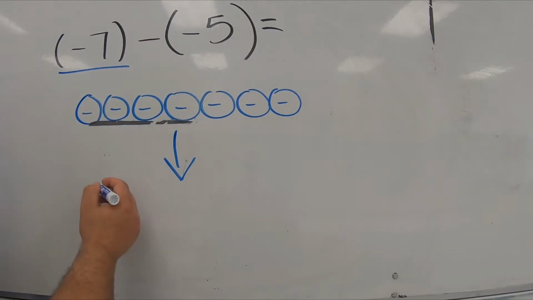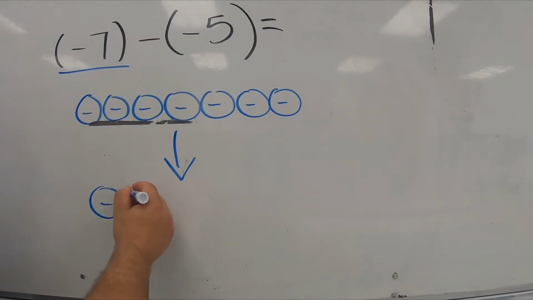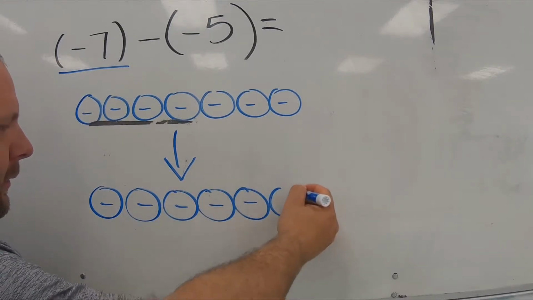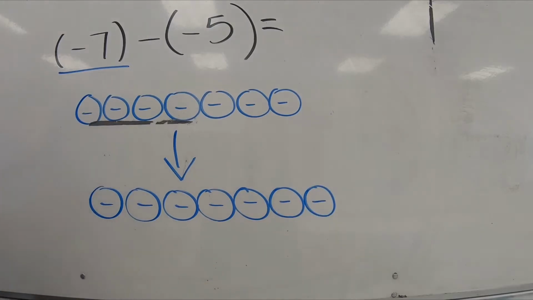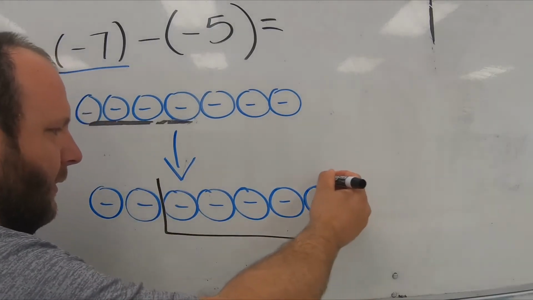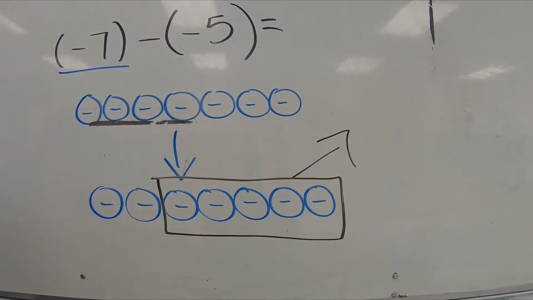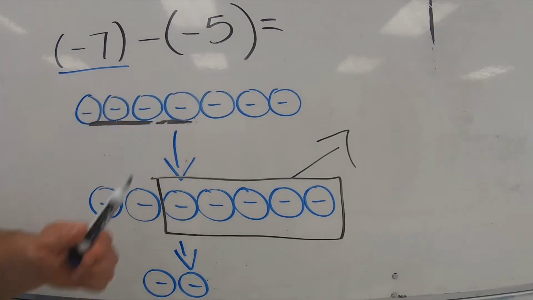Well, that's actually quite easy, because I definitely have 5 to take away. So I can just take away 5 of those negative chips, and I can subtract them, get rid of them. And that leaves me with 2 negative chips, which is what we had for our answer originally.